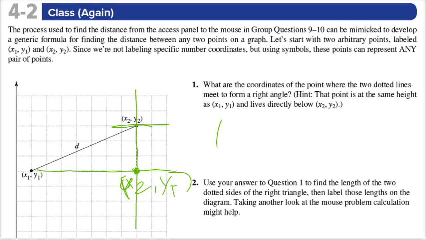I'll rewrite it here where I have a little bit more room. Okay, that's the point right at the corner, and you'll notice it happens to be the right angle of our right triangle. So try question number 2 now. Restart the video once you've done question number 2.